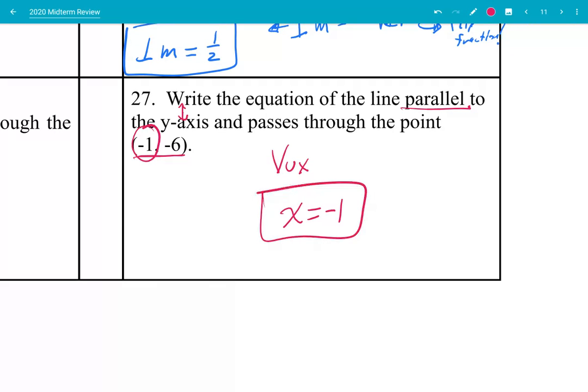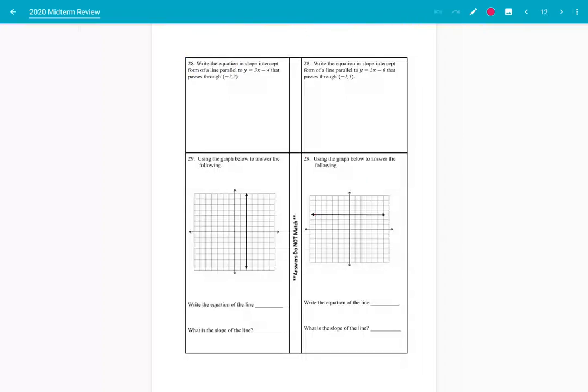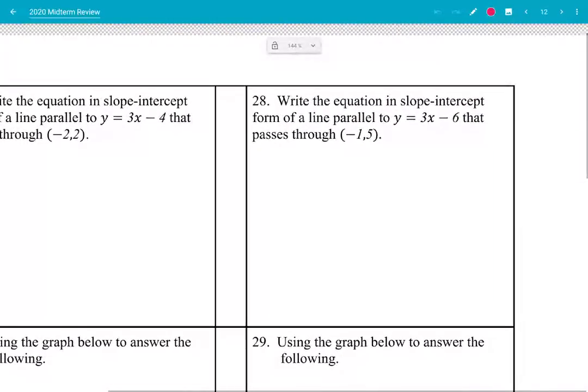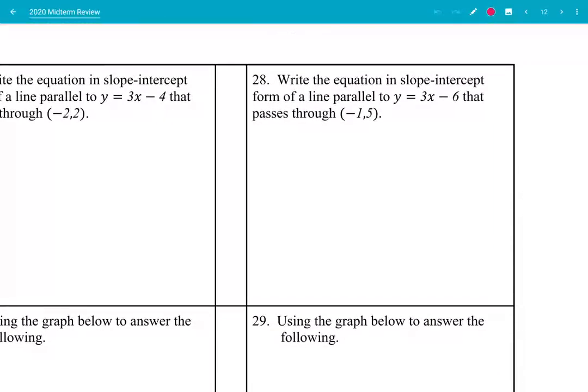Okay, next, write the equation in slope-intercept form of a line parallel to this that passes through this point. We need the parallel line, so we're going to use the same slope. Parallel, same slope.